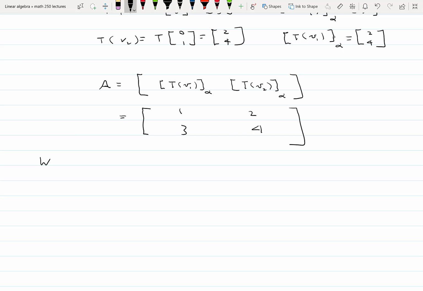Now, to make things a little stranger, and I apologize for that, we're going to call this matrix something different than the matrix A. We write bracket T, linear transformation, subscript alpha and superscript alpha. Okay, and we define this as the matrix of the linear transformation T with respect to the basis alpha.